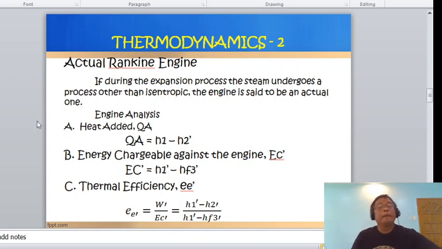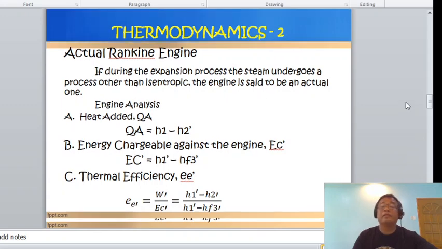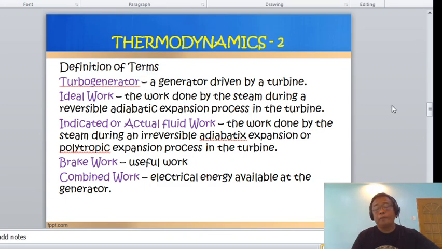This is the Rankine engine. The energy chargeable against the engine is h sub 1 prime minus h sub f3 prime. For the thermal efficiency, that is W prime over the energy chargeable prime, equal to h sub 1 prime minus h sub 2 prime over h sub 1 prime minus h sub 3 prime. This is almost similar to the previous presentation.